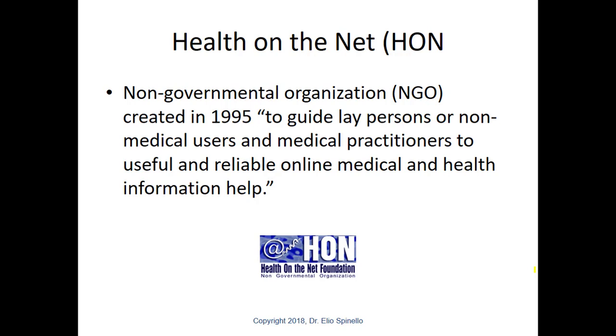If we have a website that we're looking at which is in compliance with the Health on the Net code, it lends some credibility. We can assume that it probably has a little better credibility than some website that we find at random. Now, the way we would know is that it'll have that little blue logo on it. So if you see a website with that little blue HON logo on it, it means that it is a Health on the Net compliant site.